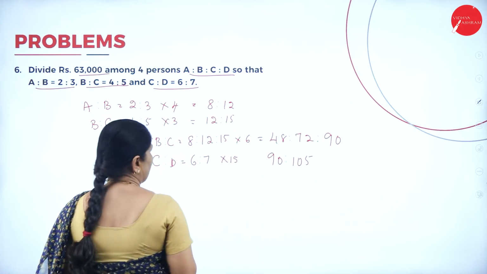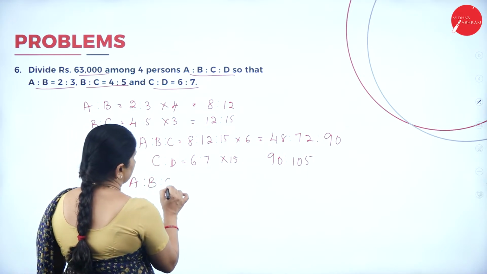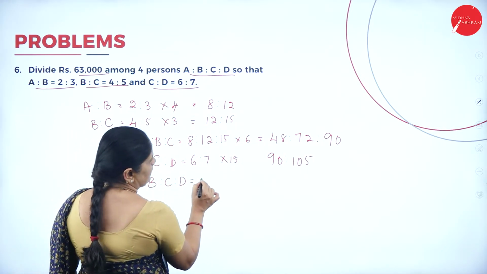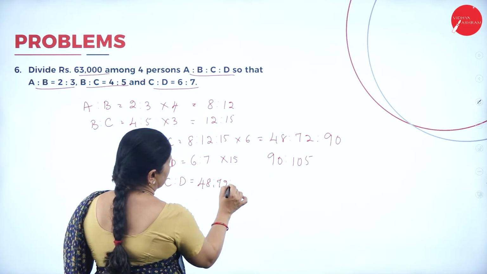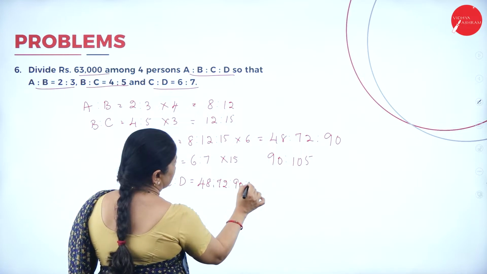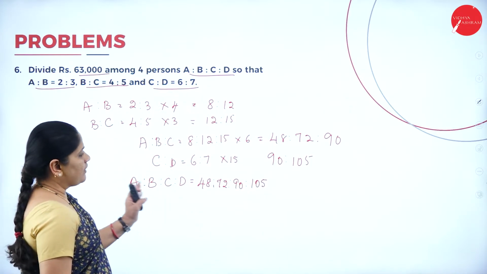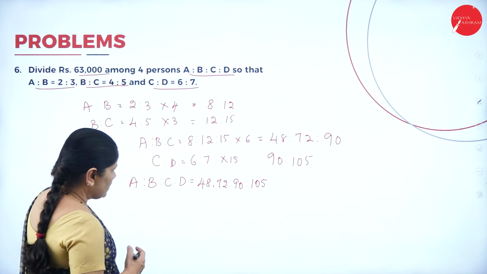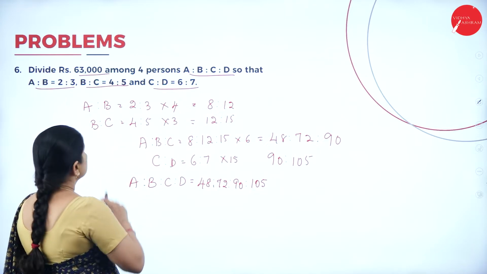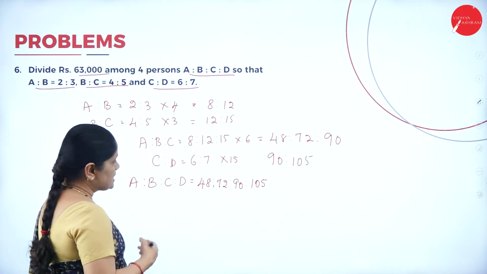Now I can write this ratio as A is to B is to C is to D. That will be equal to 48 is to 72 is to 90 is to 105. Now we have all the ratios which are in same proportion. So now we can just divide the profit whatever is given.